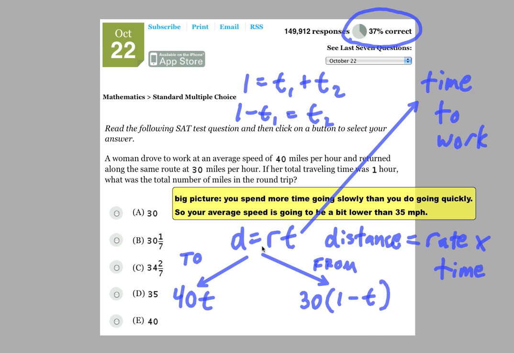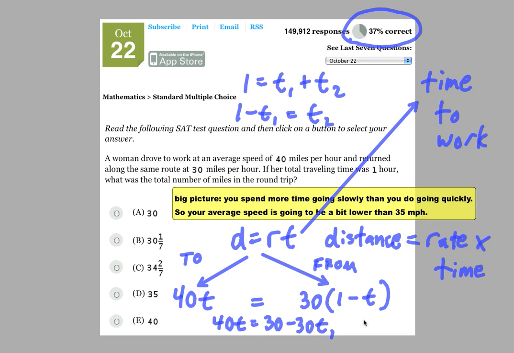And it turns out that because the distance is the same each way, right, then we can set these two equations equal to each other and then solve for t, right? So what we're going to get then is 40t equals 30 minus 30t, right?